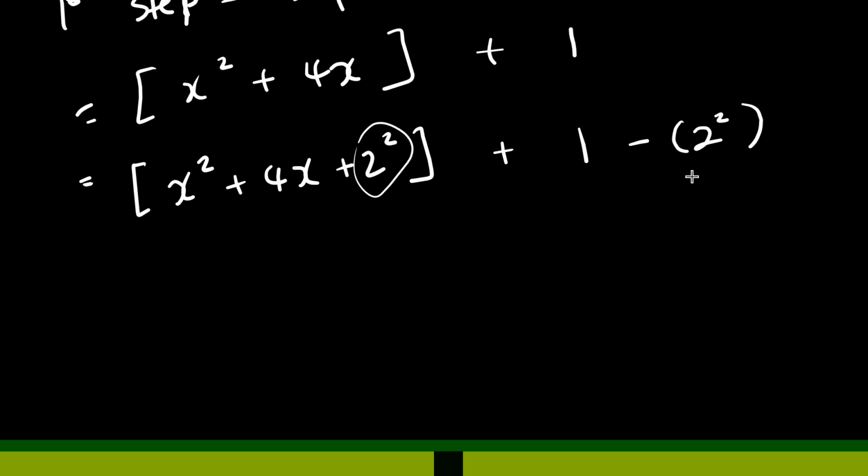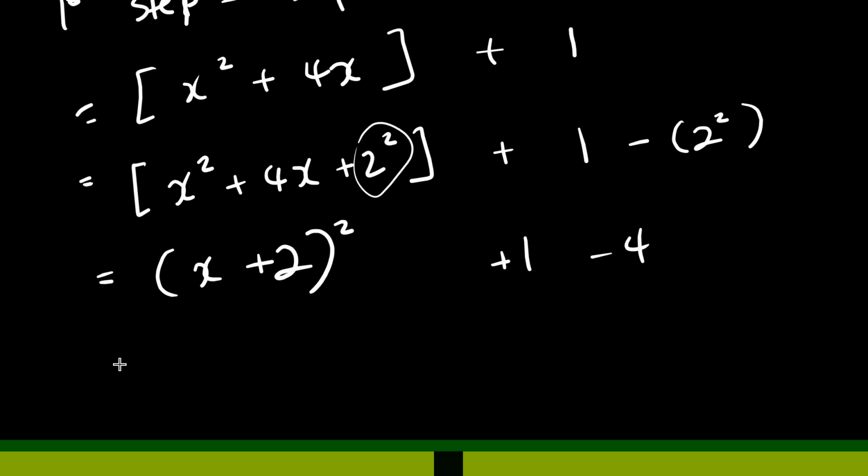But within the bracket, I have what I want now, which is a what? A perfect square. So this factors quickly to just x plus 2 all squared. That part is done. I have, in essence, completed the square inside the bracket. I must now retain the value that I had before by simplifying what I have over here.